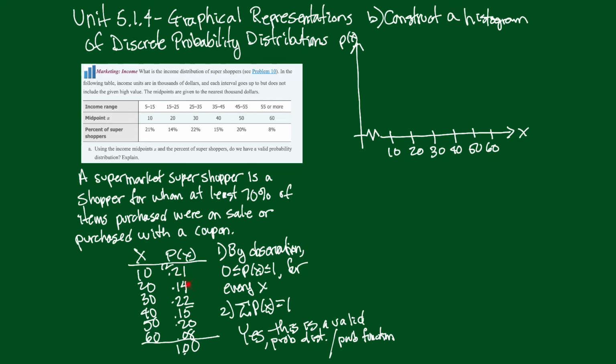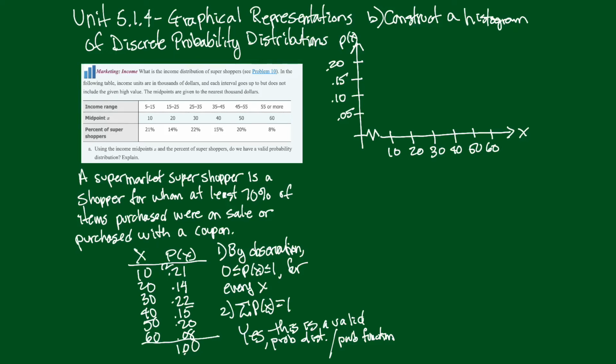I see a 21, a 22 looks like the highest value, and then I've got 15s, 10s. I'm going to make the highest value up here 0.20, and then half of that would be 0.10. Right in the middle here, we can write a 0.15, and right in the middle there, we can write a 0.05.